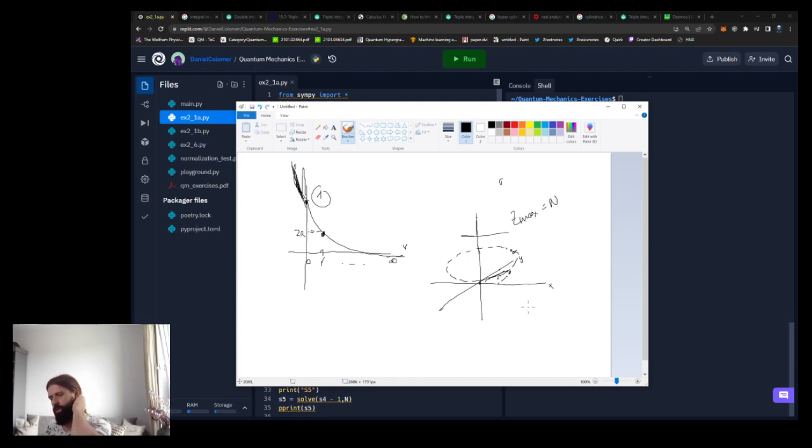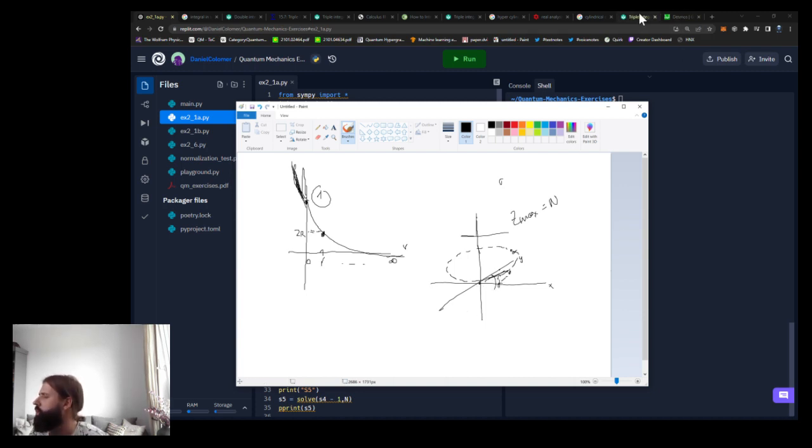So yeah, in theory, we can do it with cylindrical coordinates, which needs the angle.